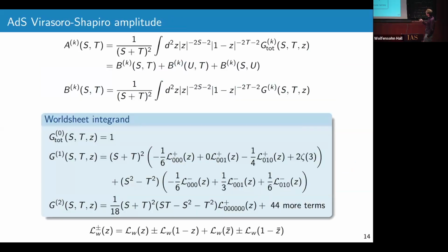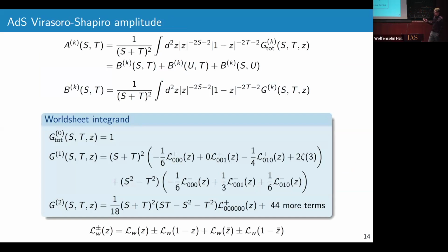The first formula I already showed you before. Here for A, the integrand is G total, but to make the function manifestly crossing symmetric, it's beneficial to write it as a sum of 3 terms with the function B of these arguments, which has its own integrand G. In flat space, the integrand is just G total equals 1.